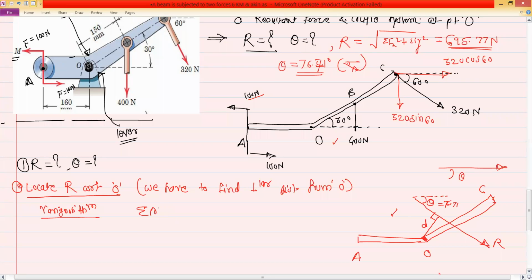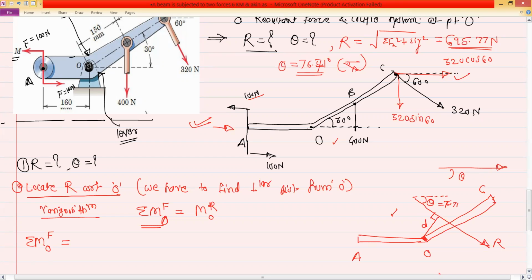So this is the equation for Varignon's theorem: summation of moment by all the forces about point O is equal to the moment by the resultant about the same point O. For the left hand side, refer to this diagram. In this diagram, summation of moment by all the forces about point O is equal to, now start from the x component 320 cos 60.